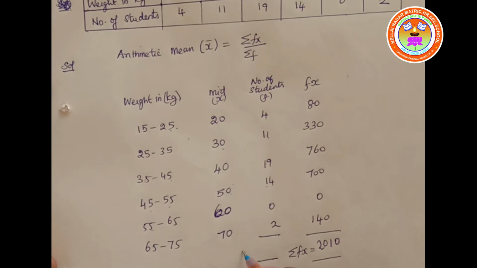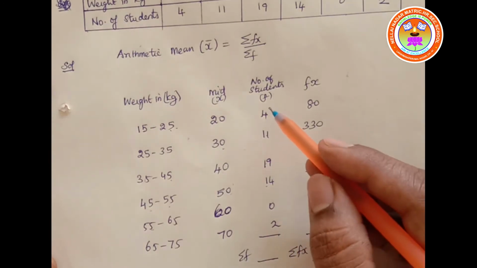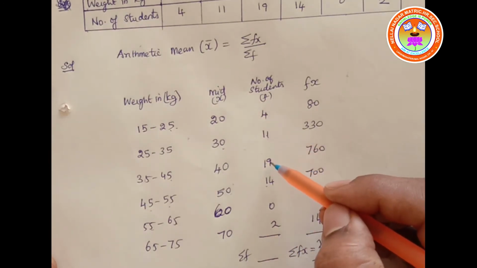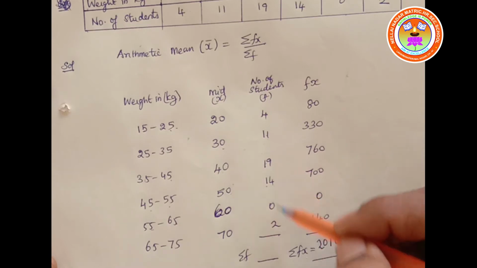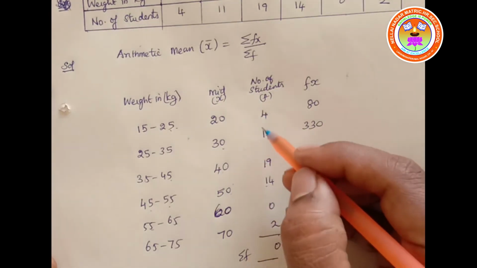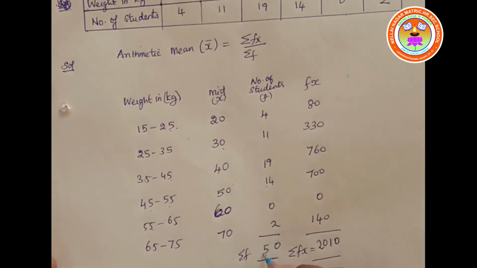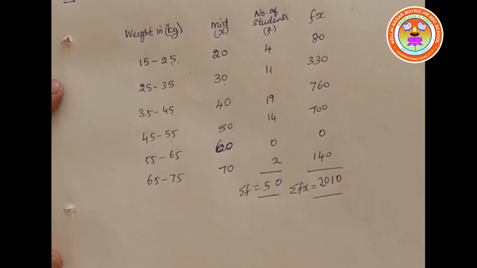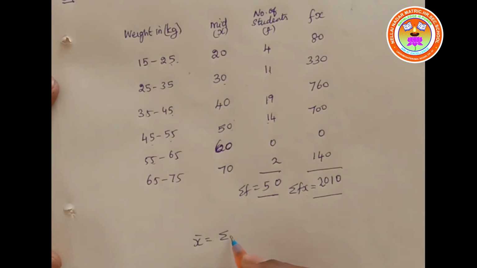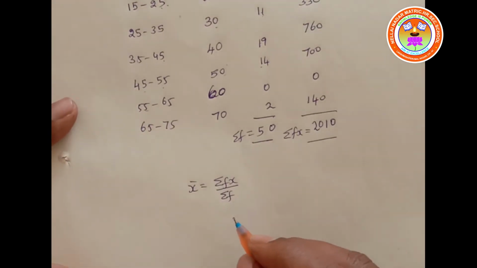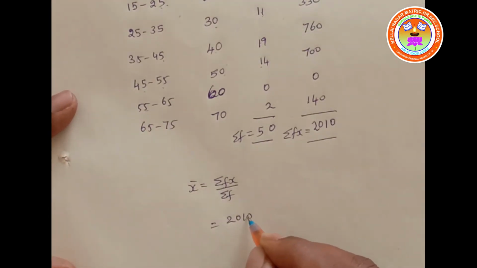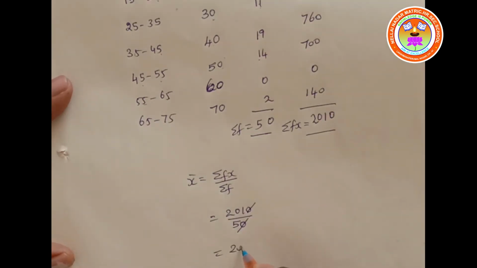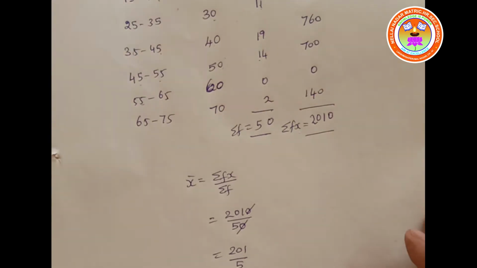Summation of f is 4, 5, 14, 18, 20, 2, 3, 4, 5, 50. Summation of f is 50. What is the mean formula? X bar equals sum of f into x by sum of f, that is equal to 2010 divided by 50, the zeros cancel, that is equal to 201 by 5.